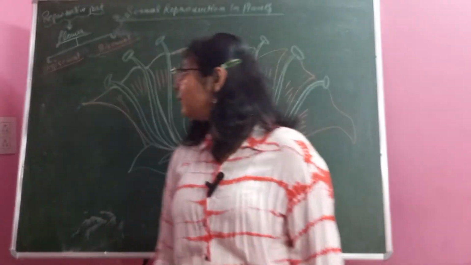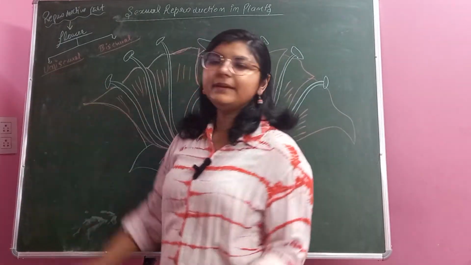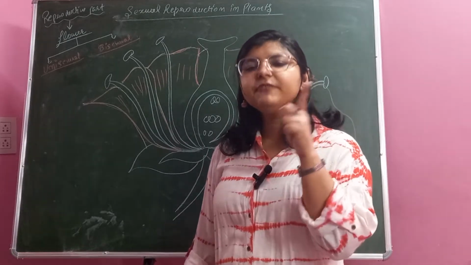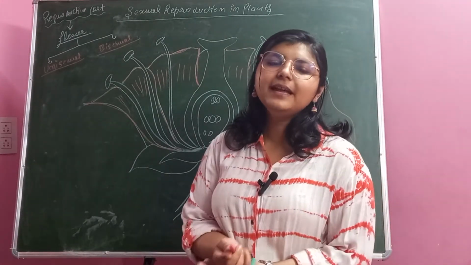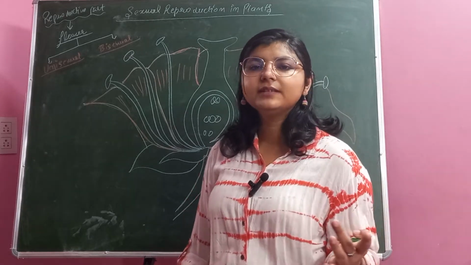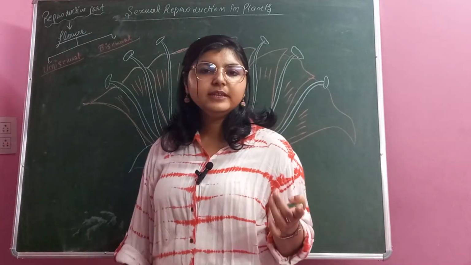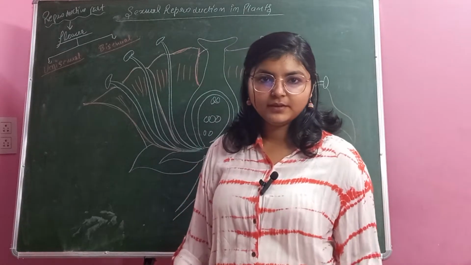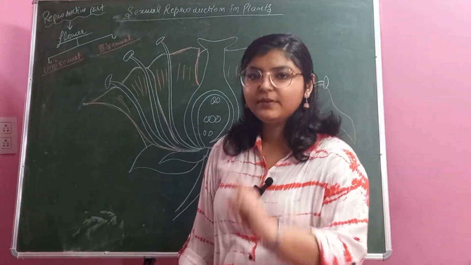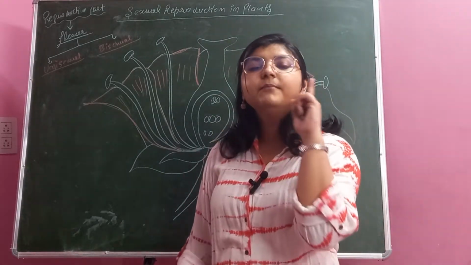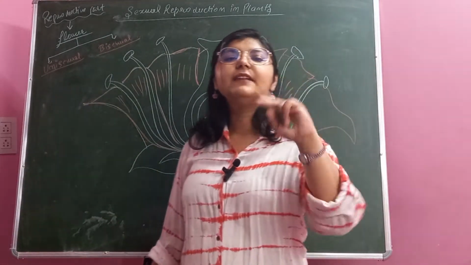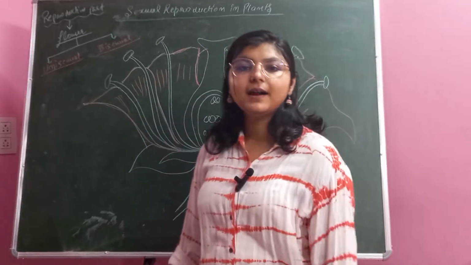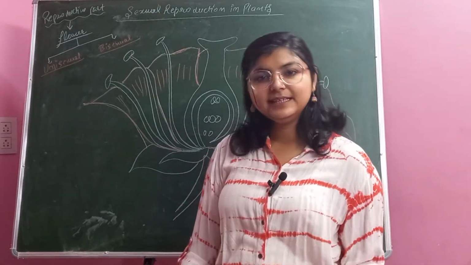Uni means one. If the plant has only one reproductive part, either male or female, that is known as unisexual flower. And if the plant has both, bi means two, so both male and female reproductive parts, then it is bisexual flower.